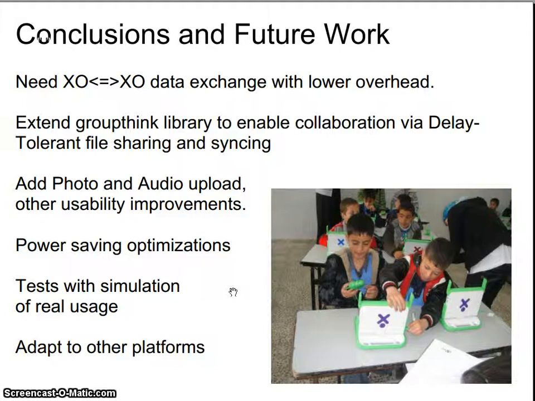I'm quite happy with the development of this app so far, but I really want to keep going and make this project have a lot of value for XO users. Something that's helped us a lot in the project was the Groupthink library, which basically enables apps and activities on the OLPC XOs to use shared data structures.